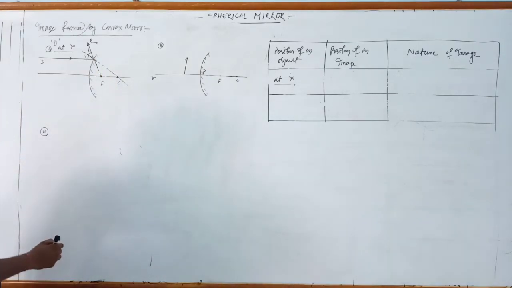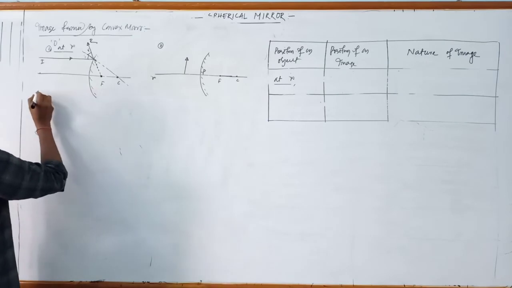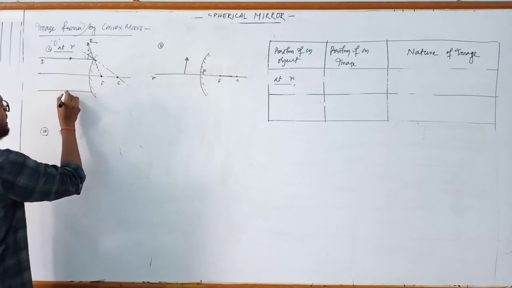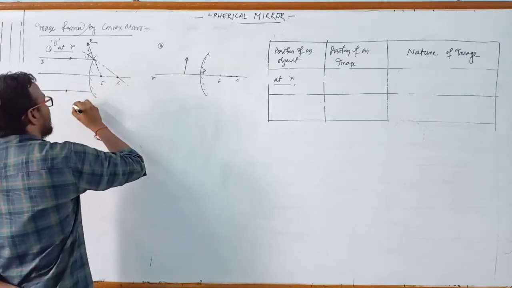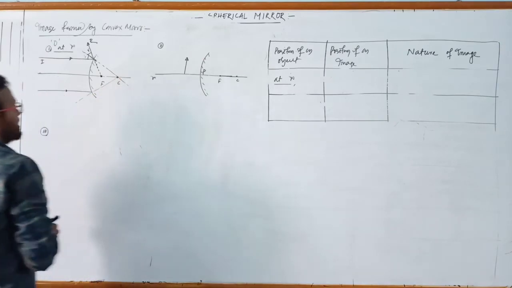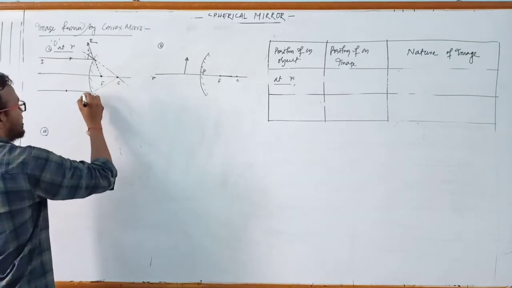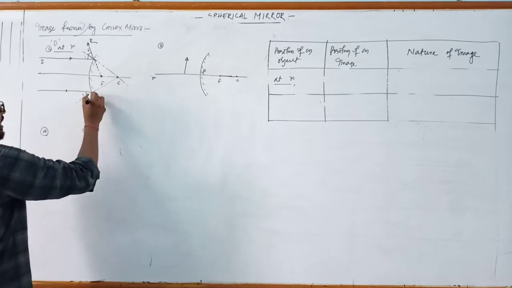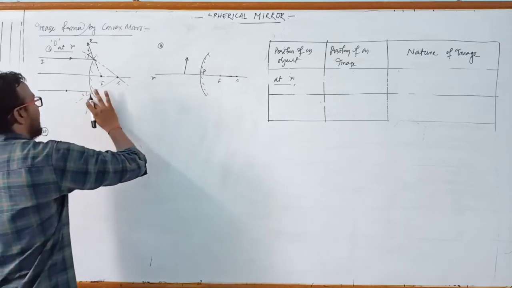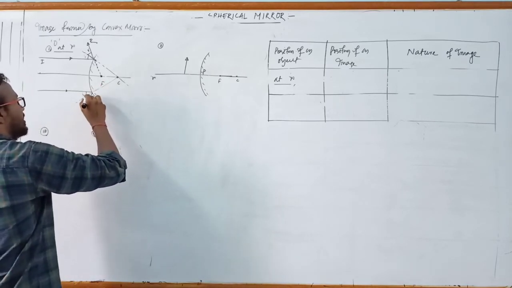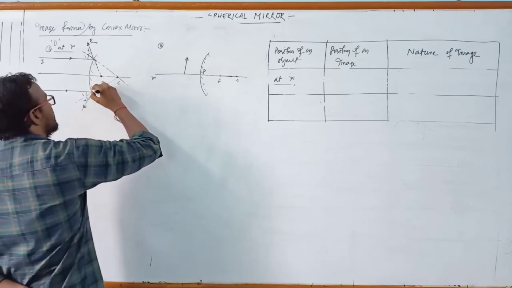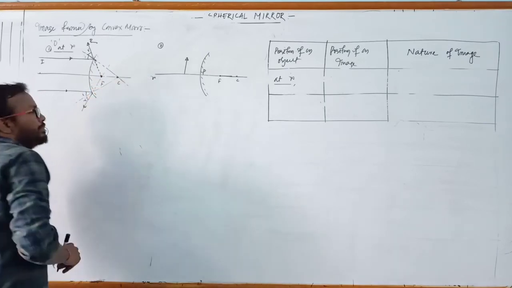Clear? Similarly, if we take another ray here, we also have to draw a normal which passes through the center of curvature. This is the angle of incidence and this is the angle of reflection r. If we produce this ray, it meets at a point.